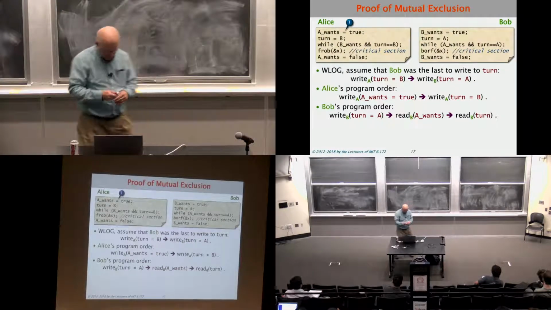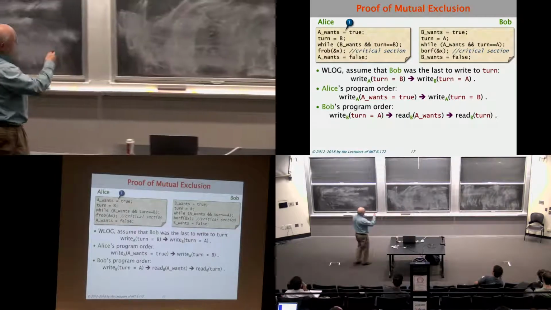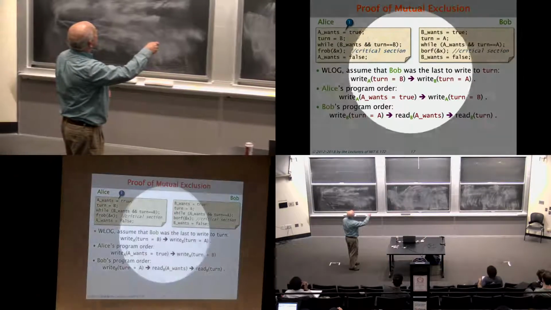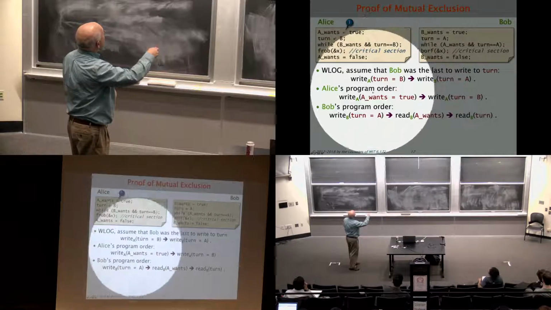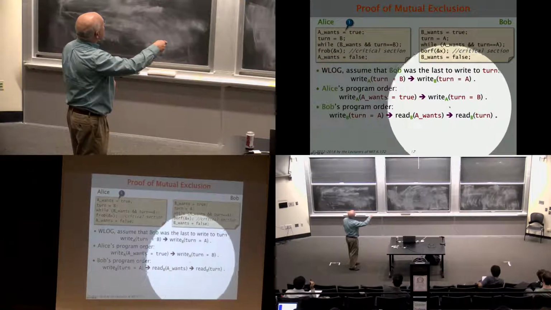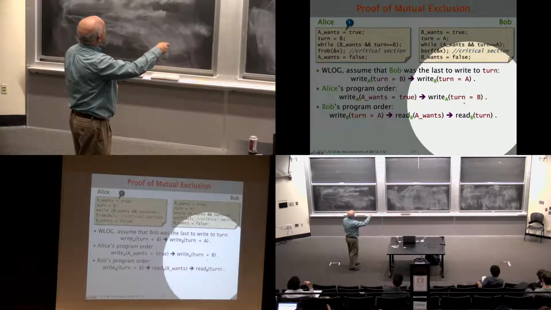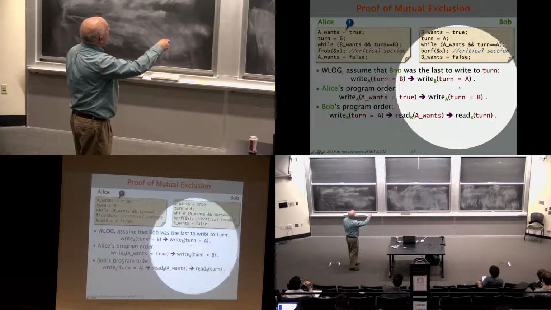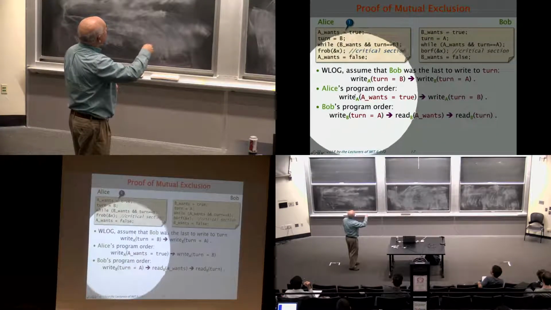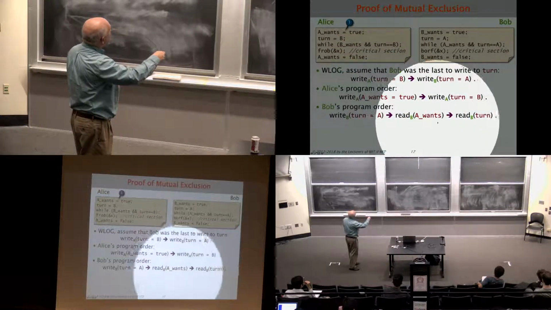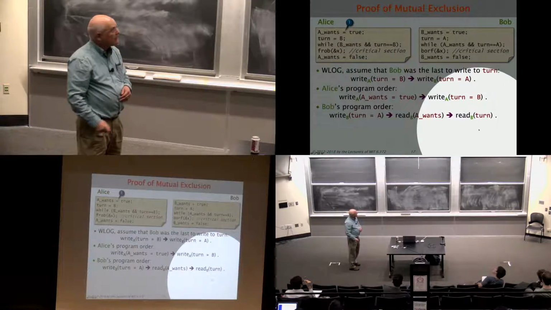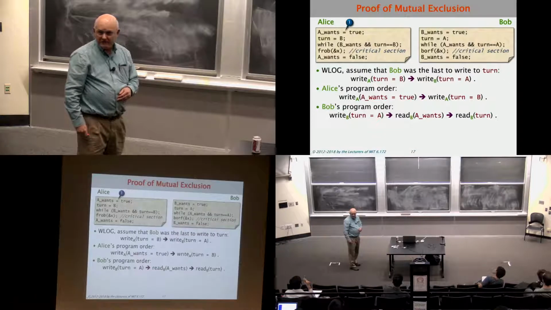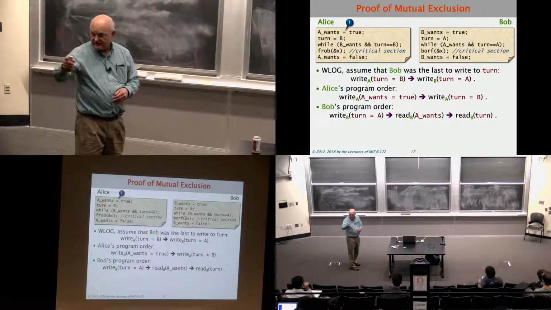That's the earliest thing happening here, right? That instruction comes before the turn equals B, so it comes before Bob writes turn equals A. Do you see the chain we've established? You see the chain?